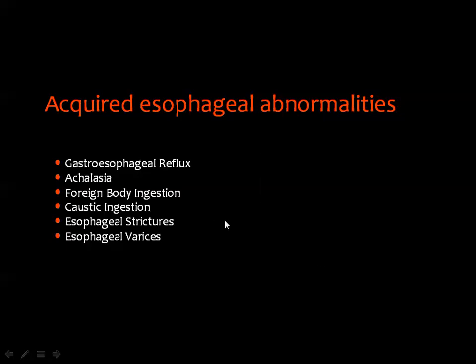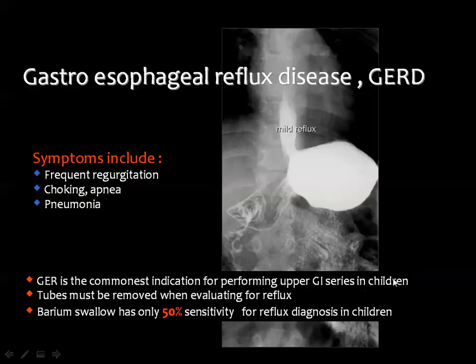Then we came to acquired esophageal abnormalities. We will discuss the reflux, the achalasia, foreign body ingestion, caustic ingestion, and esophageal strictures, and finally the esophageal varices. Gastroesophageal reflux disease or GERD is seen in children and also in adults.